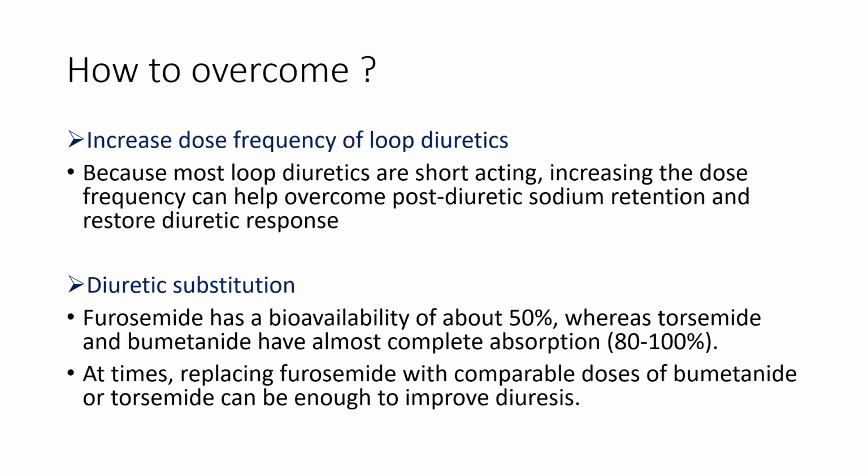The first measure is increasing the dose frequency of loop diuretics, because most loop diuretics are short acting, and if we increase the dose frequency, it can help in overcoming the post-diuretic sodium retention and restore the diuretic response. Then the next is diuretic substitution. Furosemide has a bioavailability of only 50%, while torsemide and bumetanide have almost complete absorption, that is 80% to 100%.